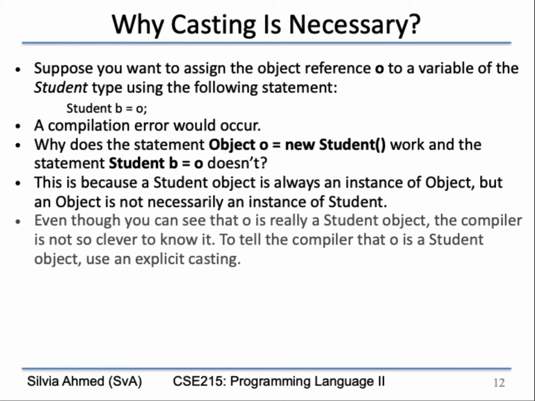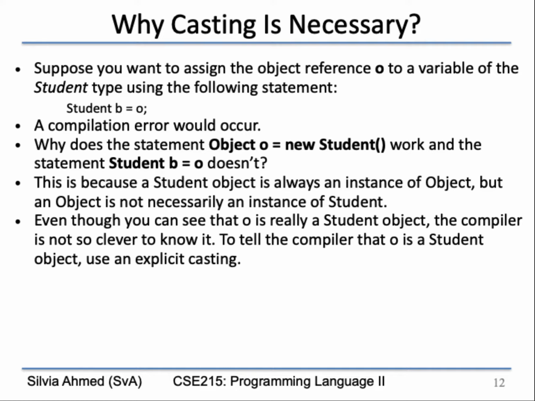So even though O is really a student object, the compiler is not clever enough to know it. Therefore, to tell the compiler that O is a student object so you can assign O to b, we need to use explicit casting.